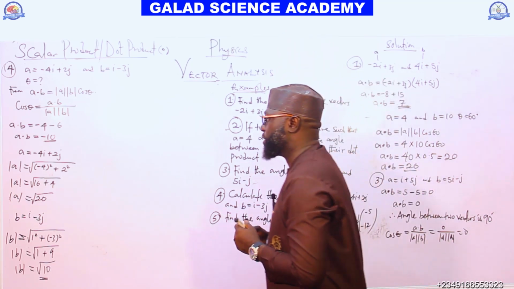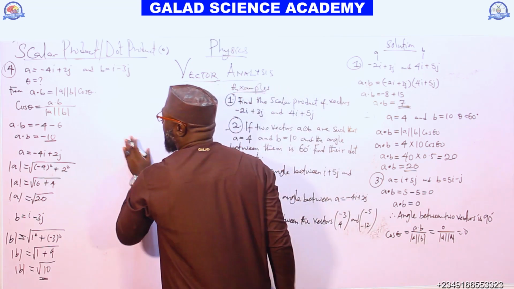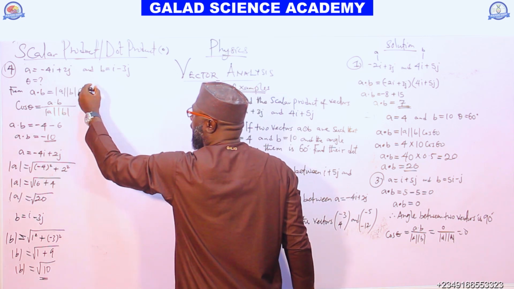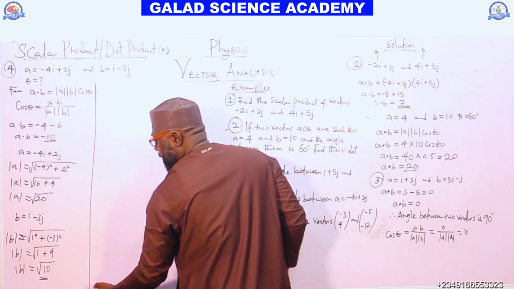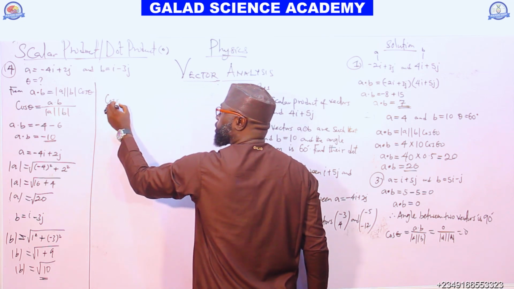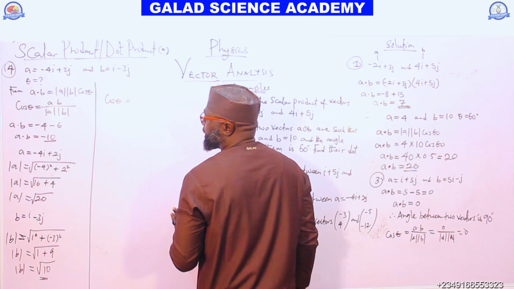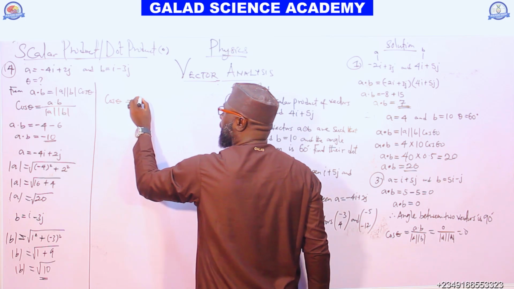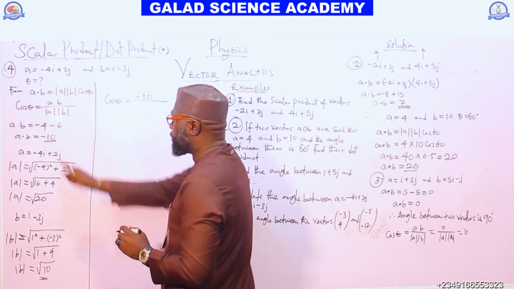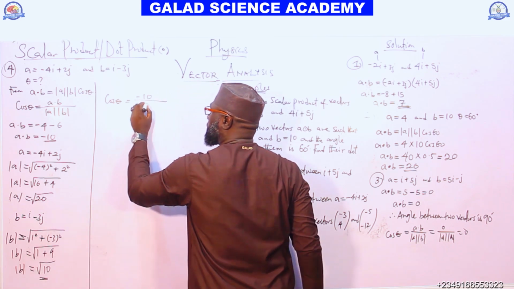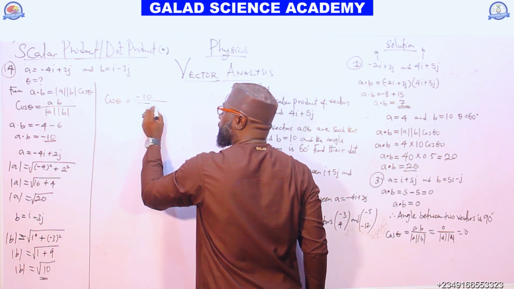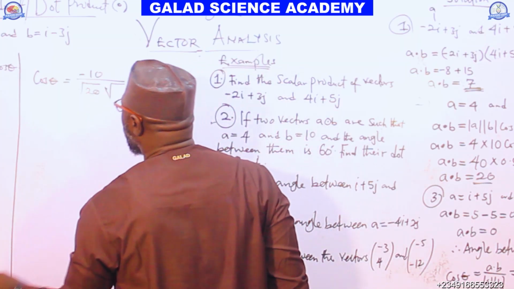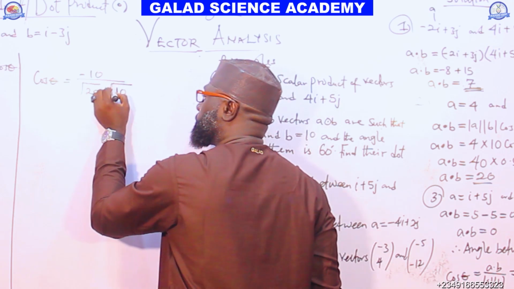So the next thing is to apply this formula for our angle. Cos theta is A dot B, which is minus 10, over the magnitude of A, which is root 20, times the magnitude of B, which is root 10.